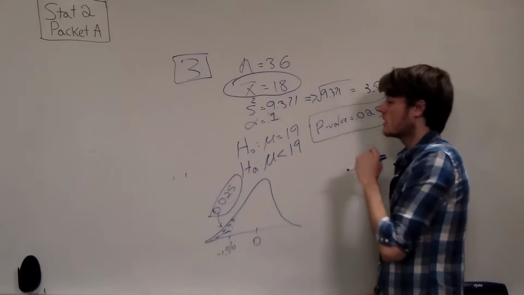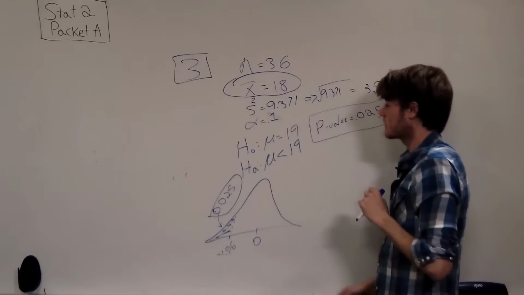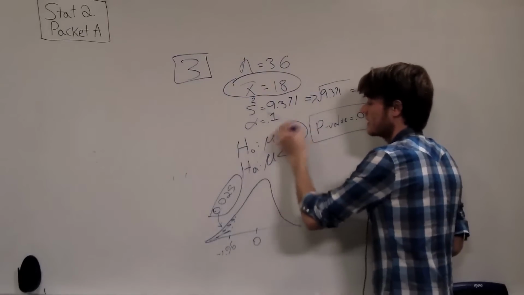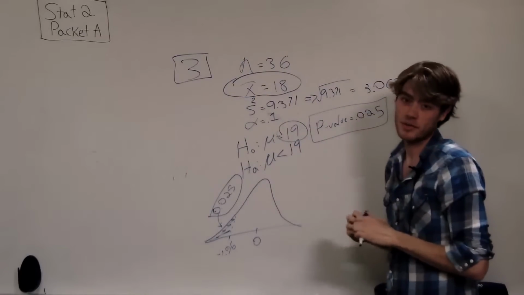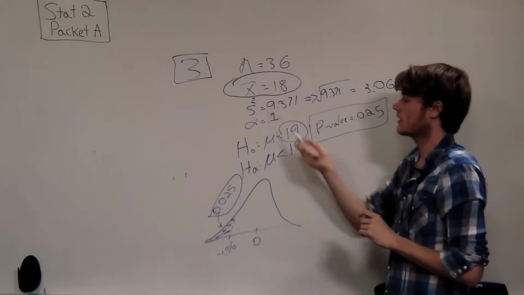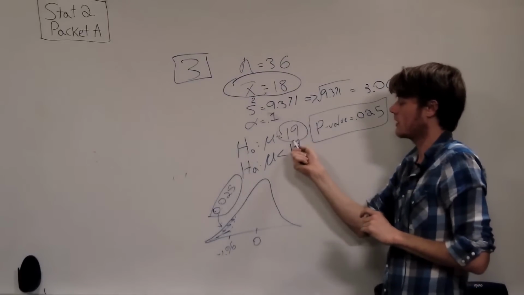So the probability of getting what we found, given that the true value is 19, is 0.025, which means we have a low chance of getting this.